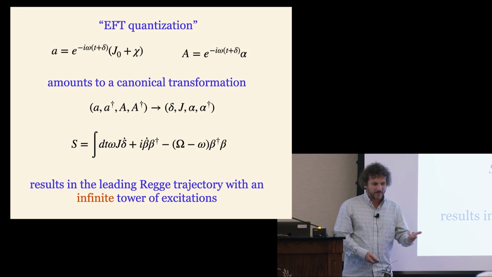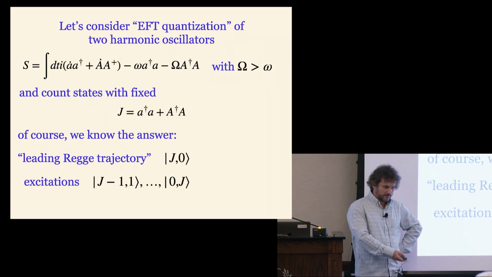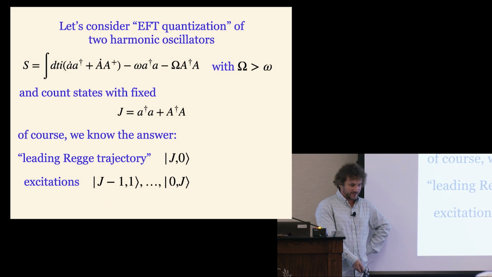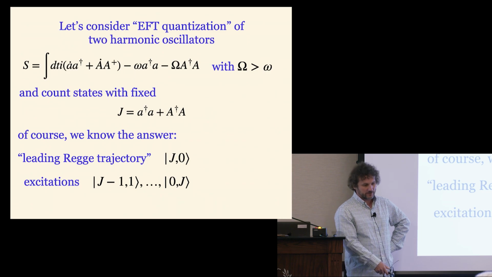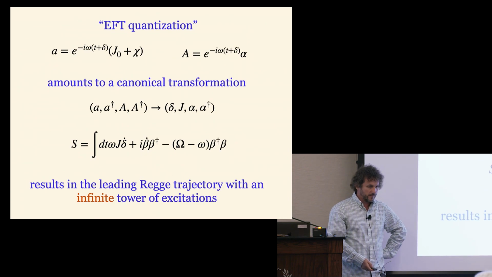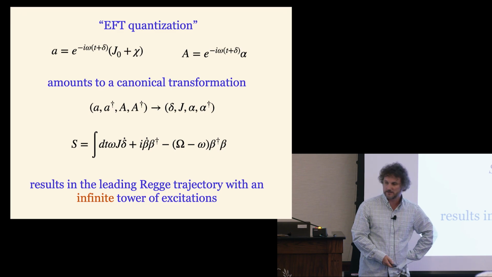Of course, if our initial problem was really to talk about the spectrum of two harmonic oscillators, then that procedure is correct and gives the right answer, and doing this canonical transformation is not a legitimate thing to do. However, in principle, this other quantum system is also well-defined on its own, and it can exist.